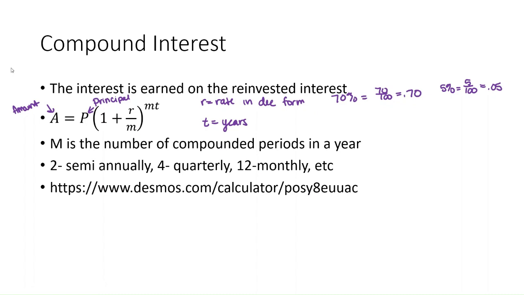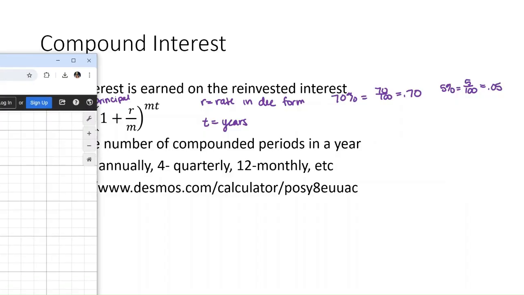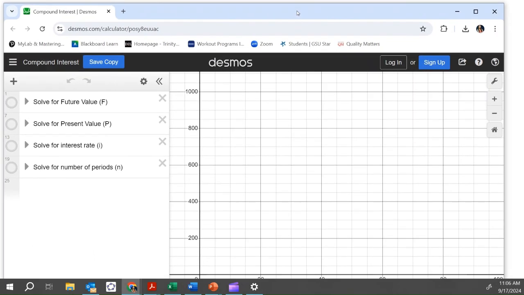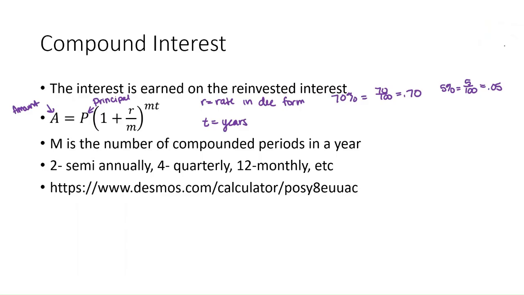Do know that they use a few different letters in their formula than we do. So their future value is F. That was our A. So our future value, our amount in the account, is F. P is the same. They use I for interest rate, and they use N for the number of periods. So what we need to note is that in this calculator, our A is equal to their F, future value.